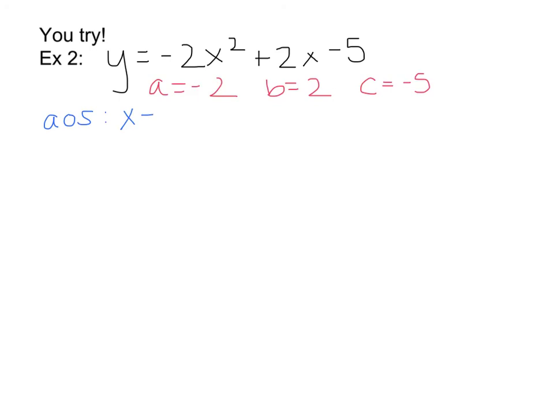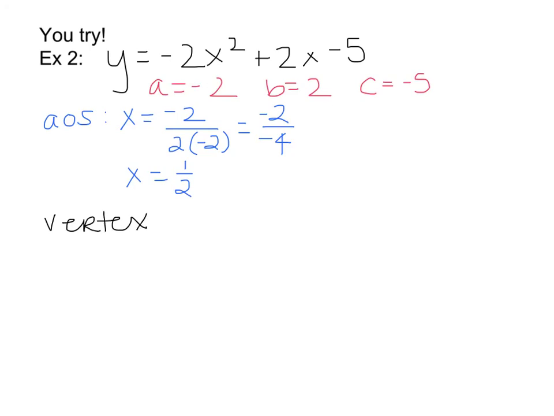So x equals negative b, so it's going to become negative 2, divided by 2 times a, which is negative 2. So that's going to give you negative 2 over negative 4, which is going to simplify to x equals 1/2. So my axis of symmetry is x equals 1/2. That is also the x part of your vertex, so we can go ahead and write that in.